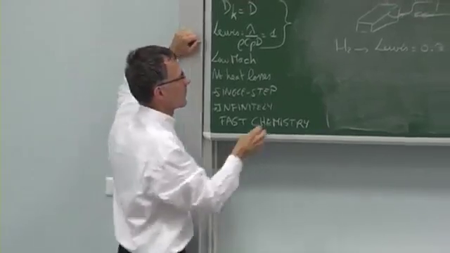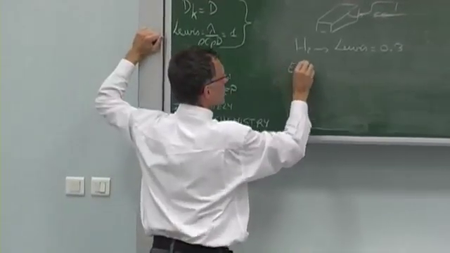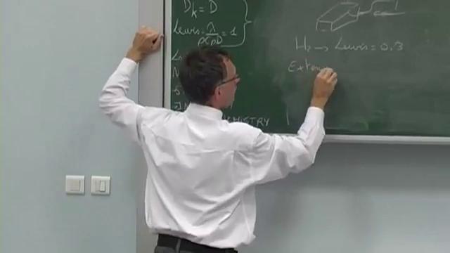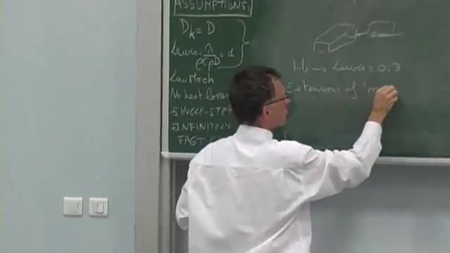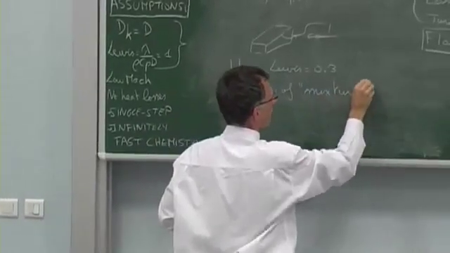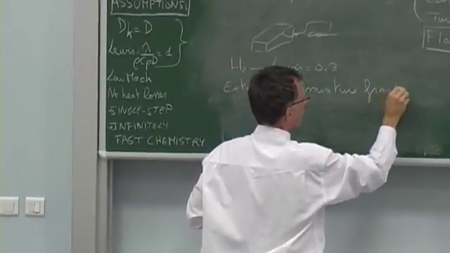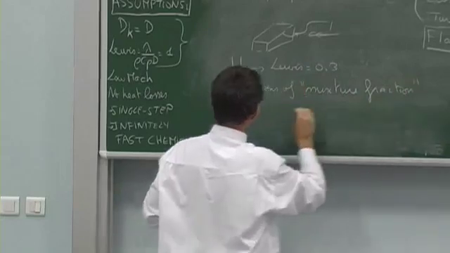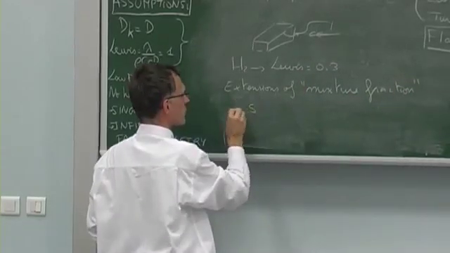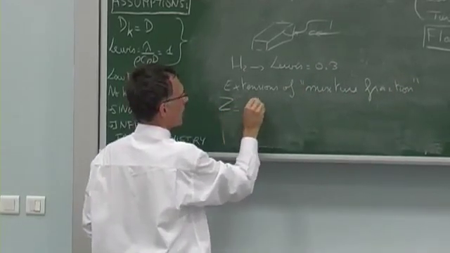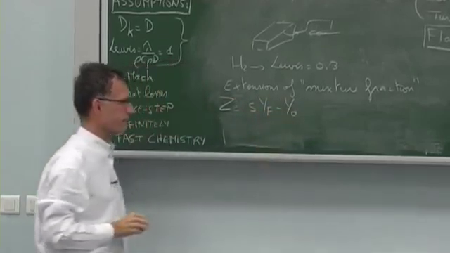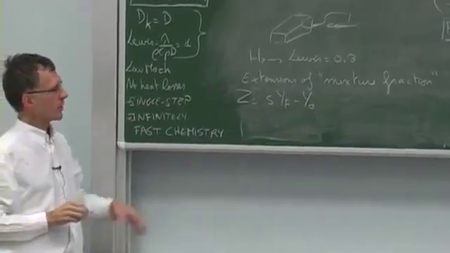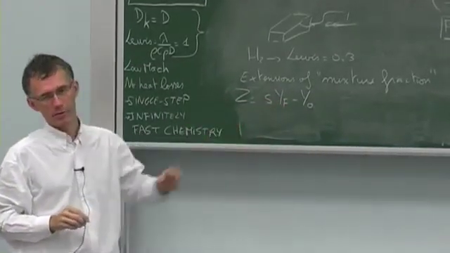So we need extensions of the notion of a mixture fraction. Here I have defined mixture fraction saying it was, remember, S times YF minus YO. But this definition will not work in practice.